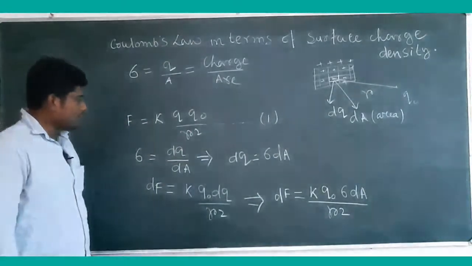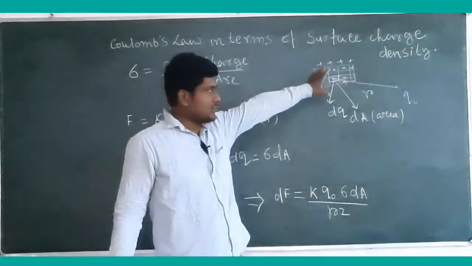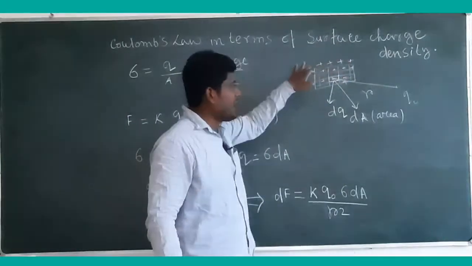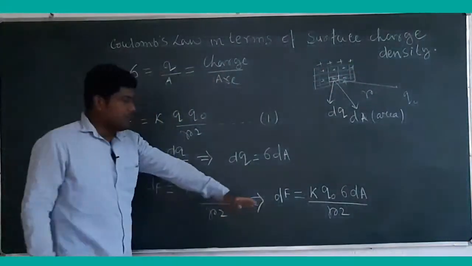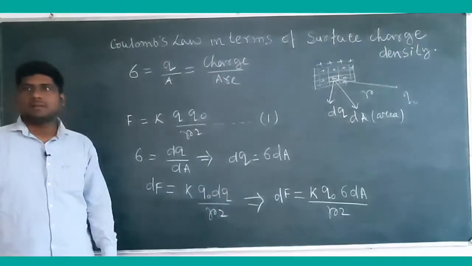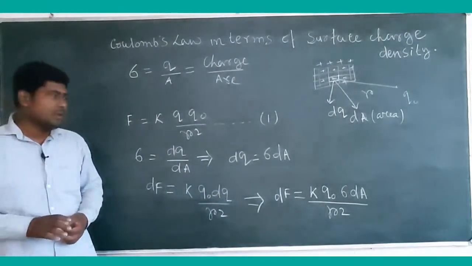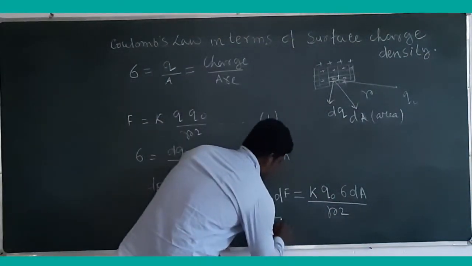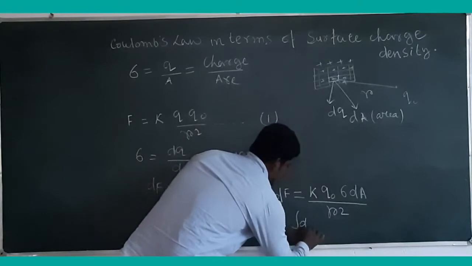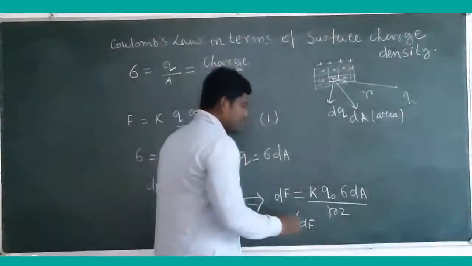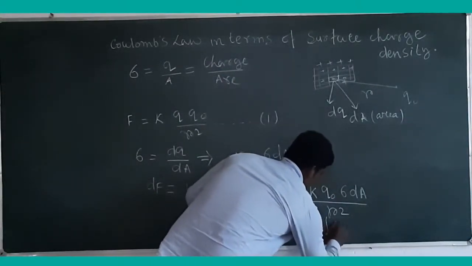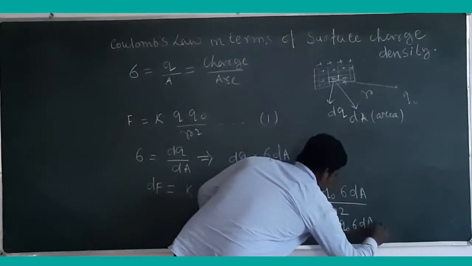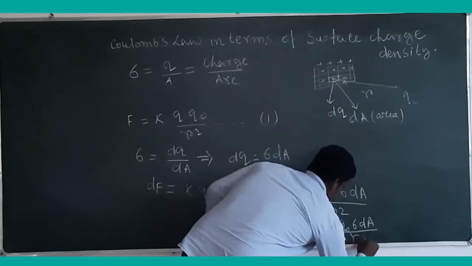Now if we want to find the total force for the whole region, that is for the area capital A, then we will obviously take the integration of this equation. Yes or no? So now we will take the integration of this term, and after taking the integration we can write integral dF equal to integration K Q0 sigma dA by r square.